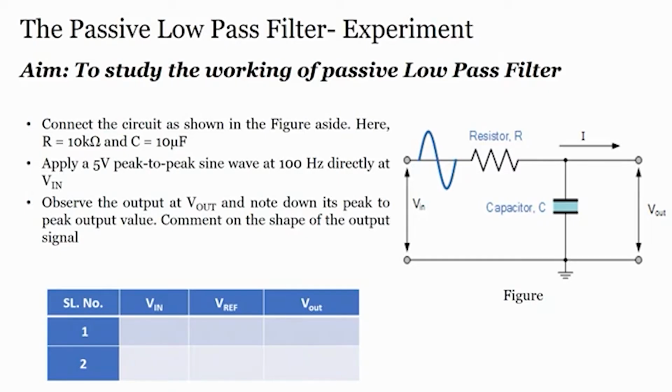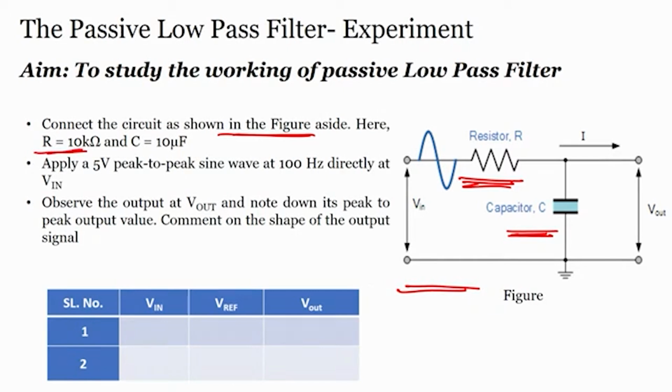Here we are using one resistor and one capacitor. Now, we have to connect the R and C in this particular fashion. So, connect the circuit as shown in the figure on the side, which is this figure.